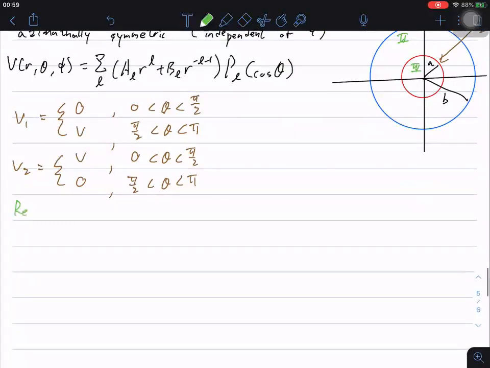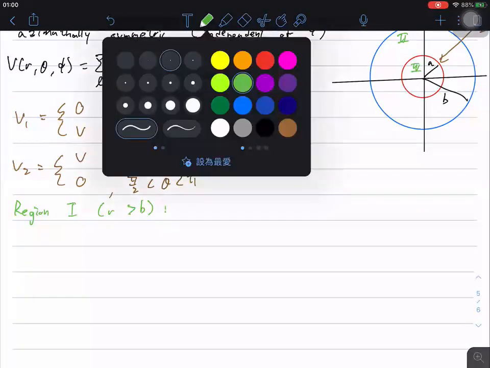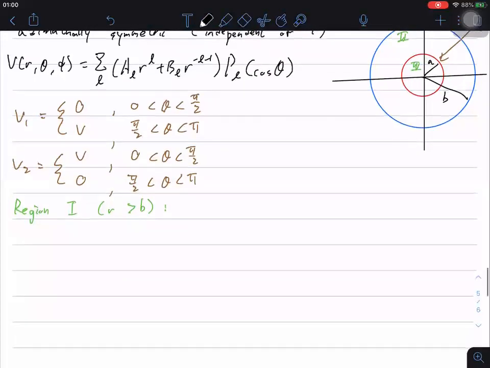So for region 1, R greater than B. If we consider R going to infinity, the R to the power of L term obviously also goes to infinity. Which means that the coefficient AL must equal 0.